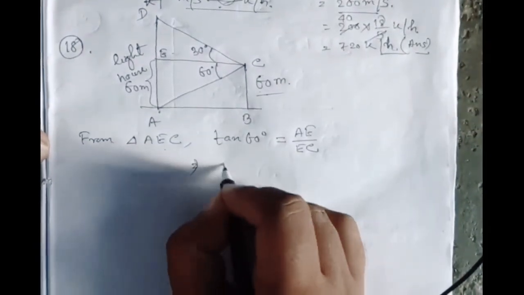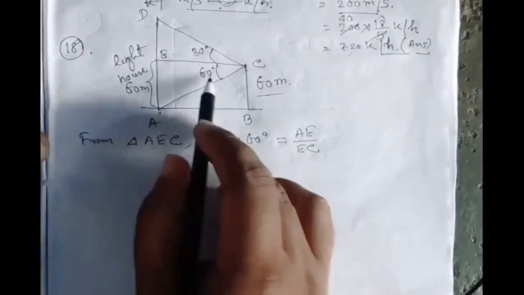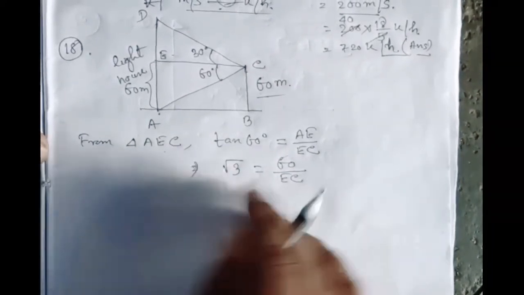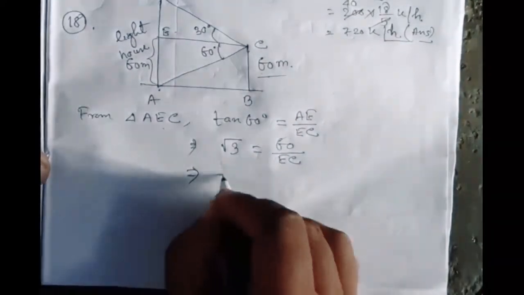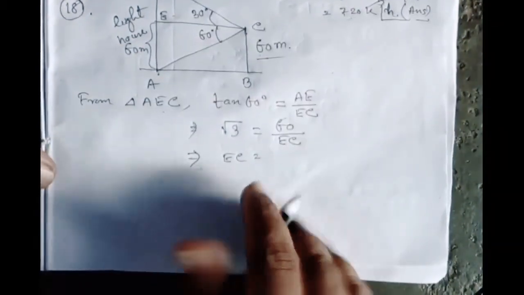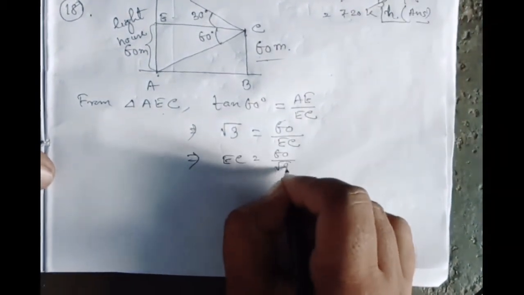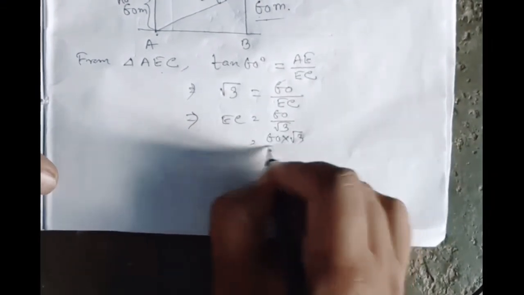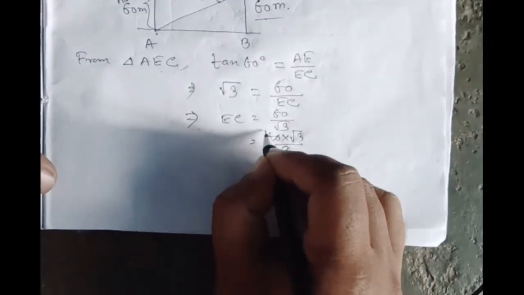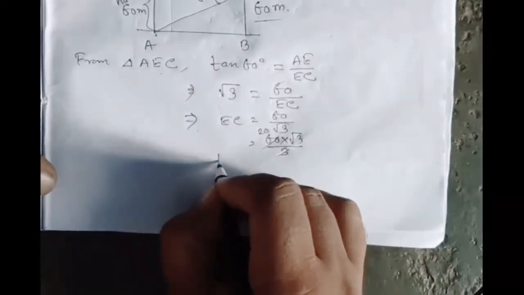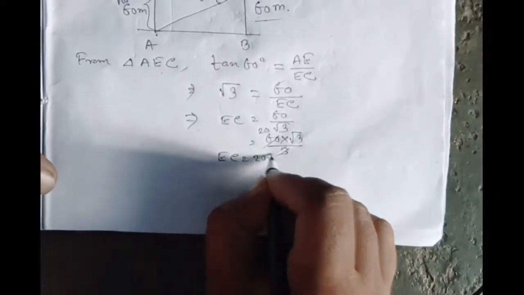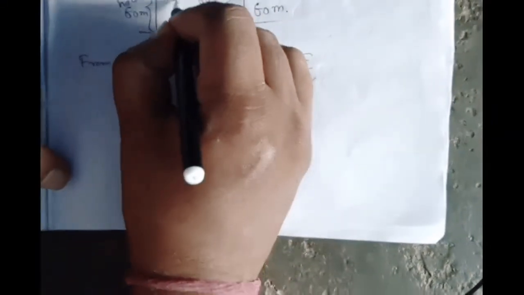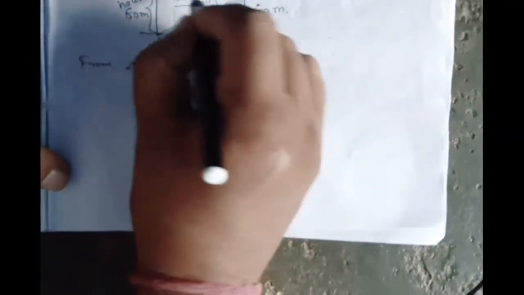The value of tan 60 is root 3, that is equal to AE, which means 60 by EC. We don't know EC. So EC is equal to 60 by root 3, that's equal to 60 into root 3 by 3. So EC is equal to 20 root 3 obviously. So this distance is 20 root 3.